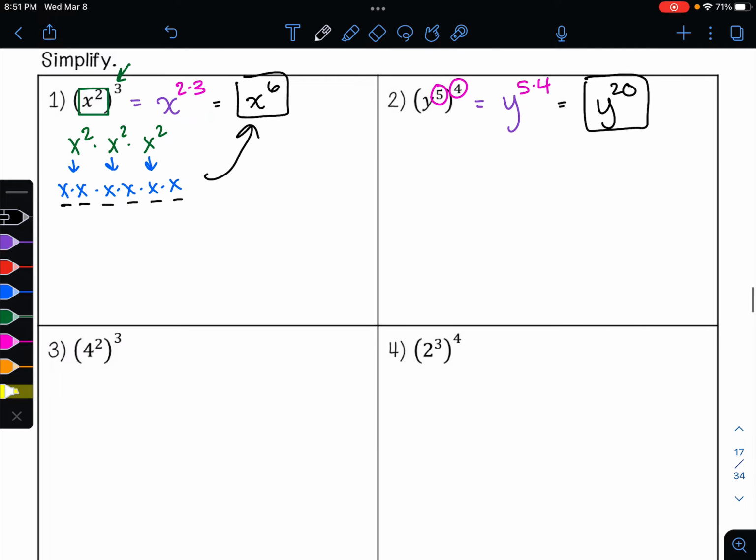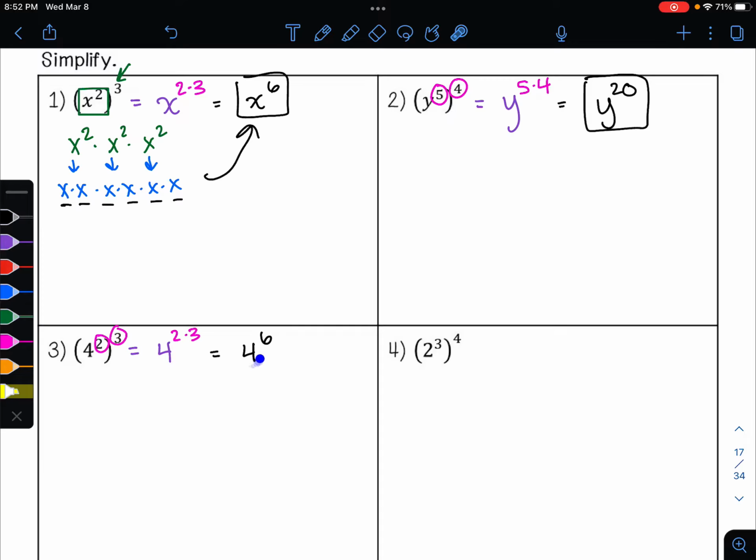If we look at example 3, we have 4 squared raised to the 3rd power. What is my base? 4. My exponents are 2 and 3. So we're going to multiply those exponents. 2 times 3 is 6. So I have 4 raised to the 6th power.